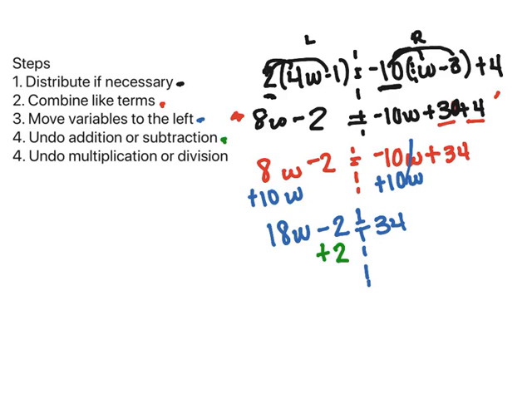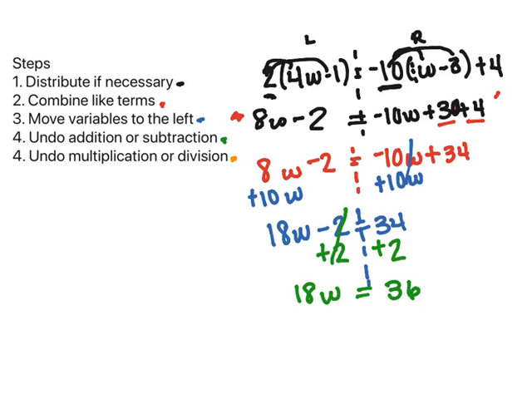What I do to one side, I do to the other. Cancels. I get 18w equals, because they're both positive, I add them. I get positive 36.